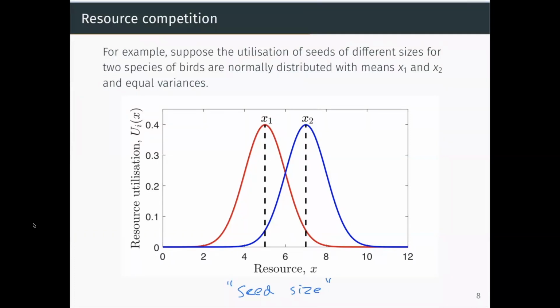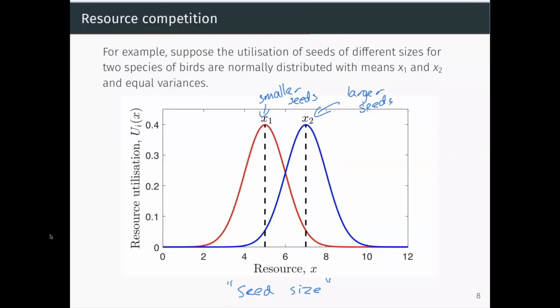So its peak preference is at a smaller value of X here, and species 2 has a preference for larger seeds. So on average, it tends to prefer eating larger seeds. These resource utilizations are just describing a normal distribution, and they have a particular mean. And here we've assumed that they've also got the same variance for simplicity.